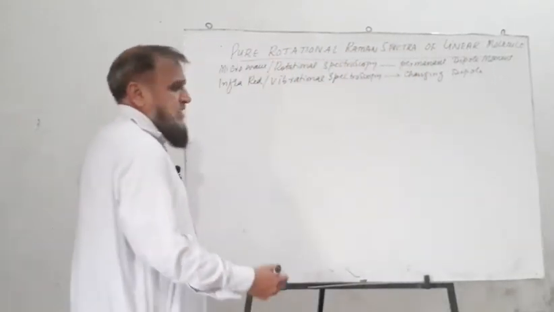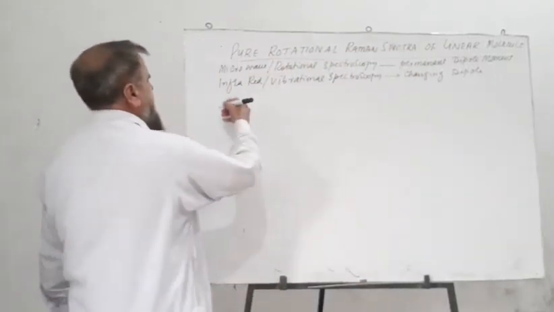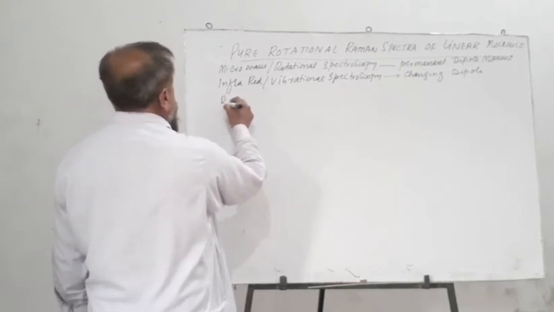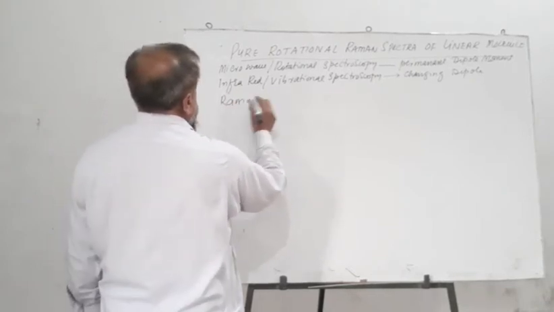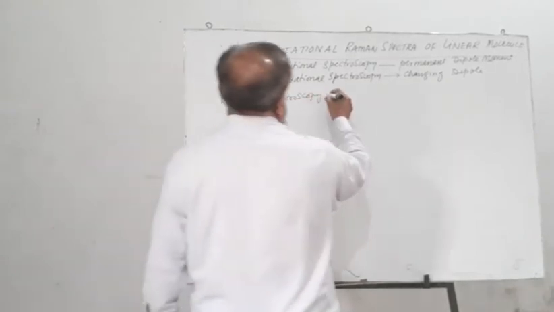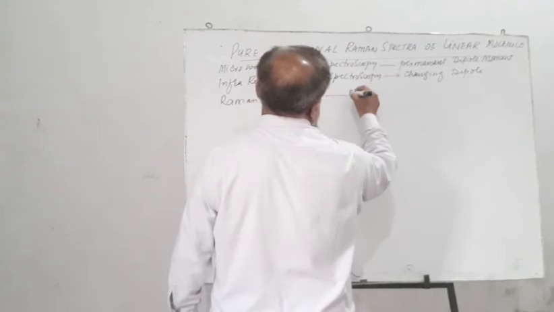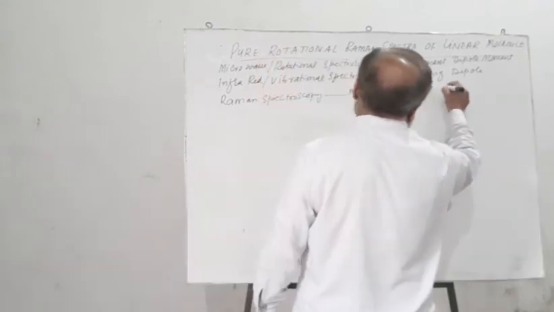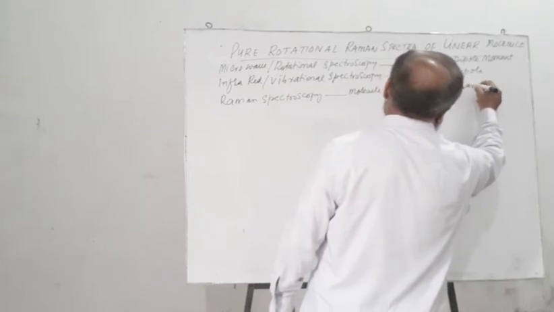And we had studied in the previous lecture the gross selection rule for Raman spectroscopy, which was that the molecule must have a changing polarizability.